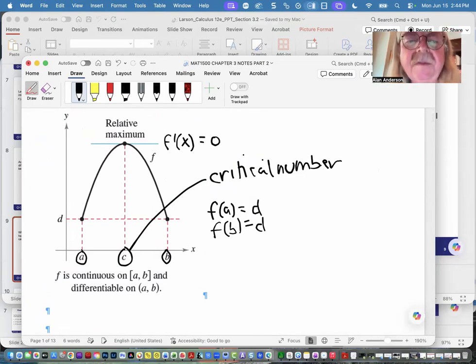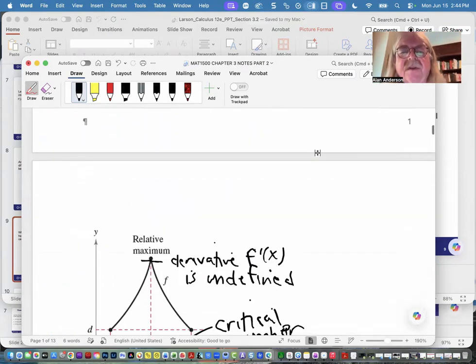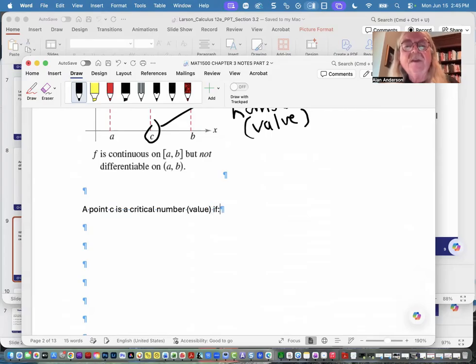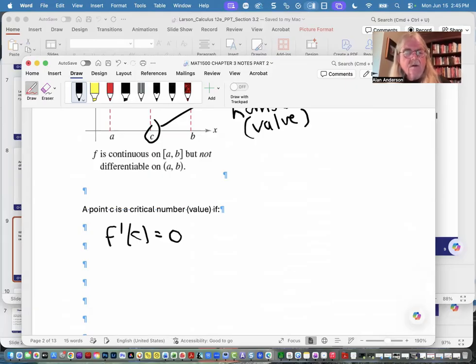And again, from the last section, I'll just remind you that a point c is a critical number or value if one of two things is true: one of those is f prime of c is zero, or f prime of c is undefined.